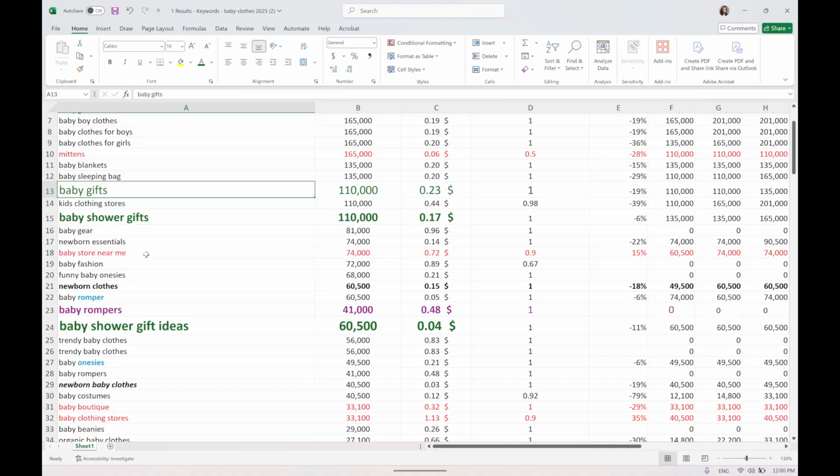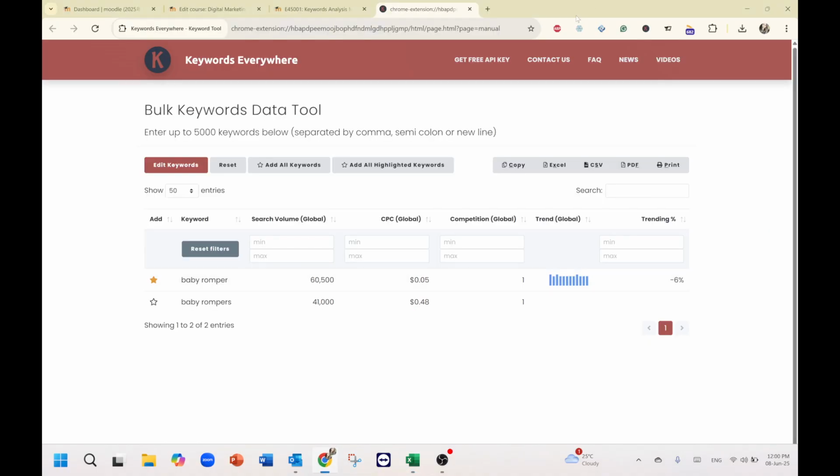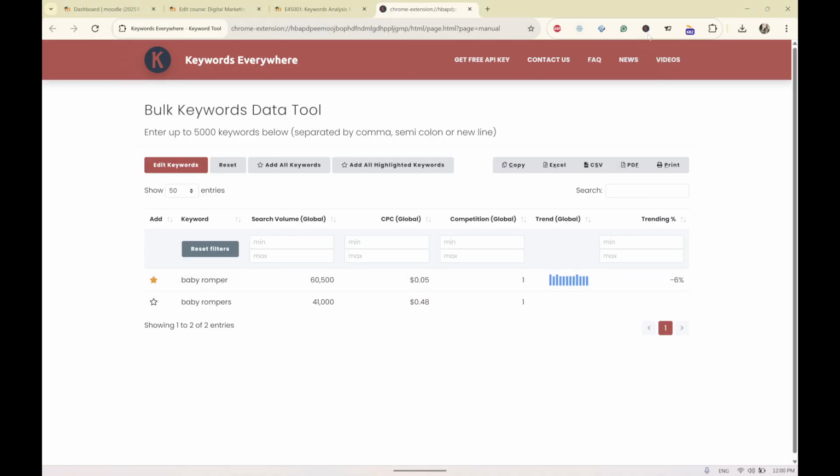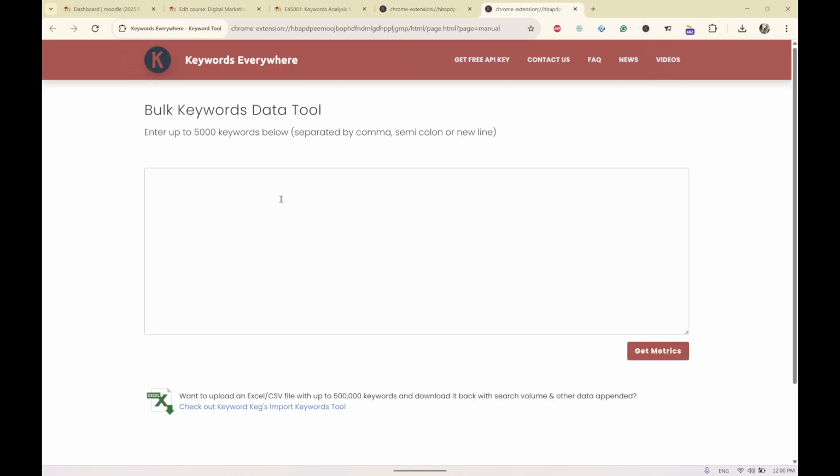So let's do together the following. Let's do buy baby gifts, buy baby shower gifts. Okay, shall we do that together? Okay, let's do it. We're going to go into the bulk keywords analysis again and put in buy baby gifts, and this is what we were also discussing in class.